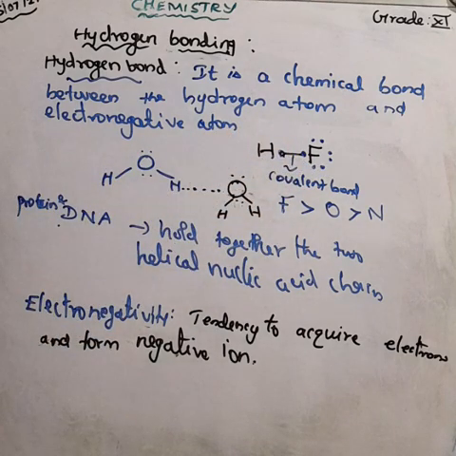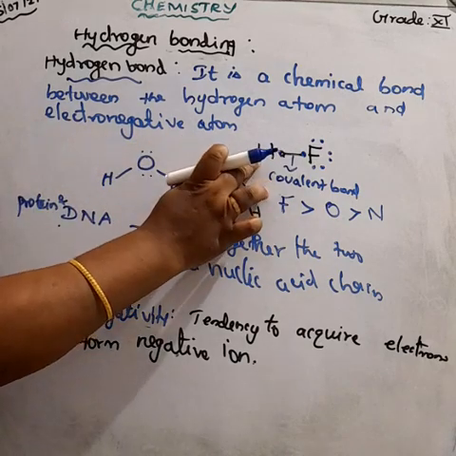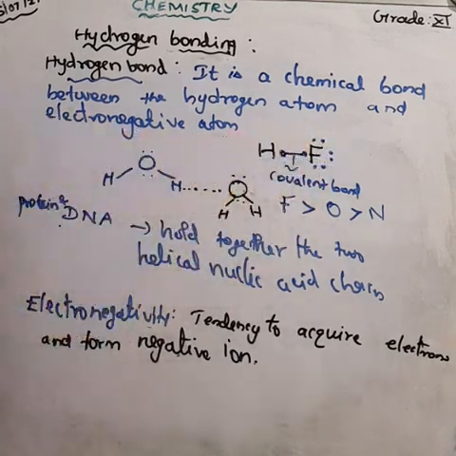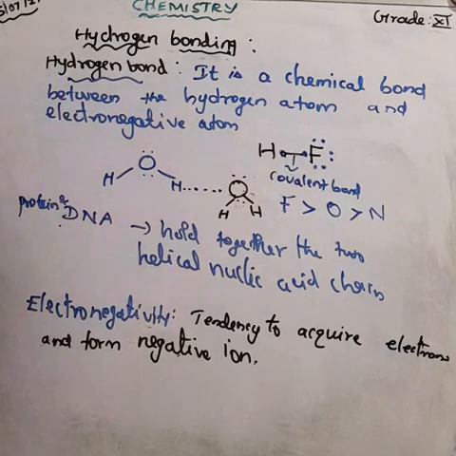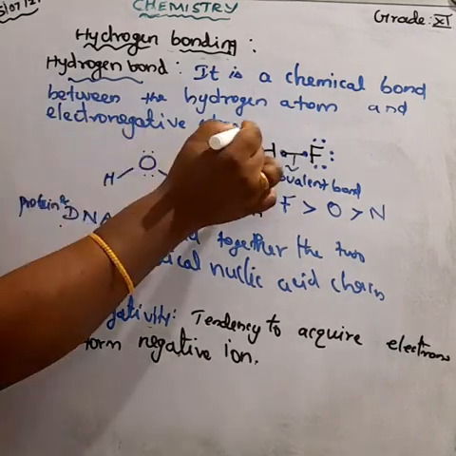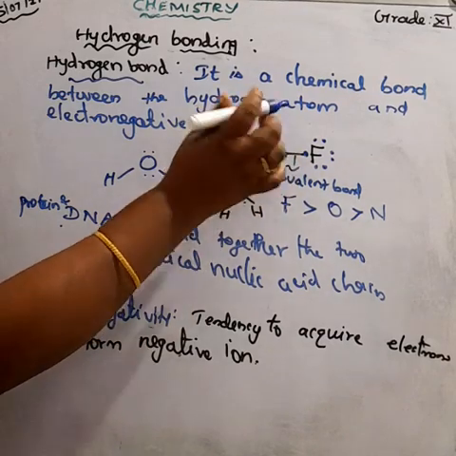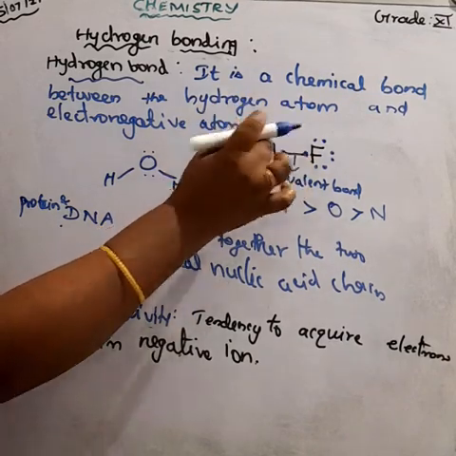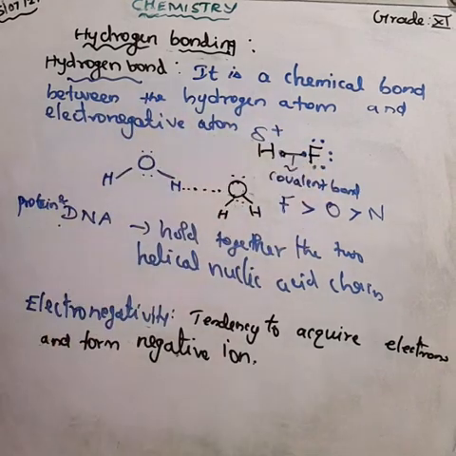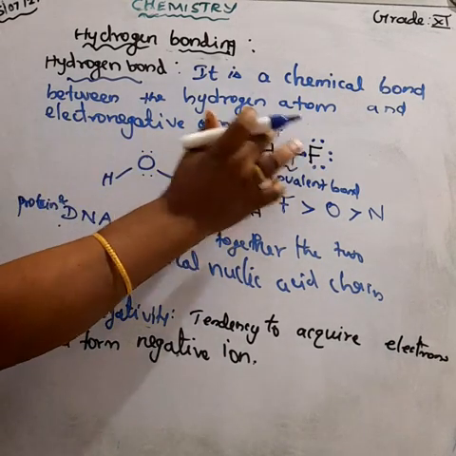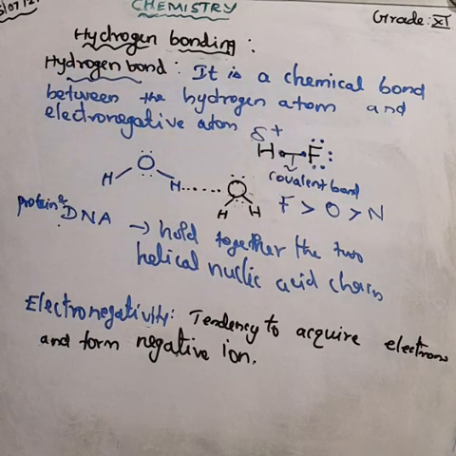It attracts the electron from the hydrogen atom, so hydrogen becomes partially positive, because the electron from the hydrogen atom moved towards the fluorine atom. Like that, when fluorine attracts the electron towards itself, a slightly negative charge develops on fluorine.